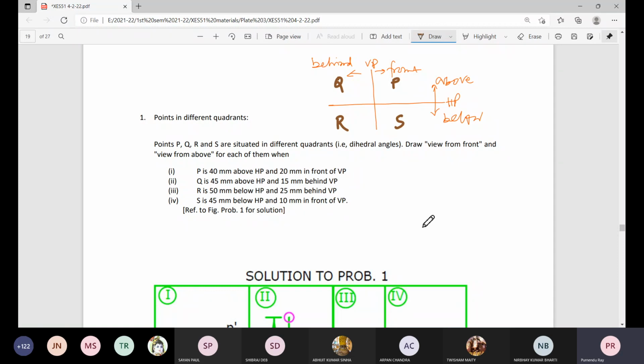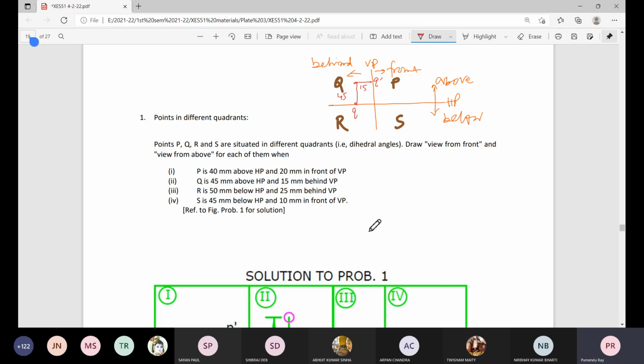So 45 millimeter above HP means it is 45, and 15 millimeter behind VP. Okay, so this is Q. Now projection on the vertical plane will be Q dash. Projection on the horizontal plane will be lowercase q.